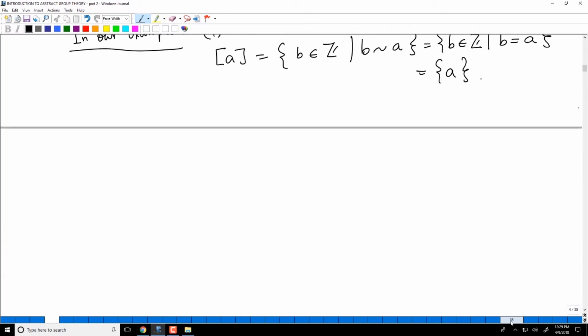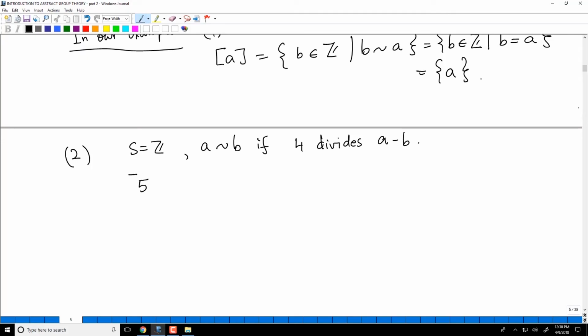In the second example, S is Z, and A is equivalent to B if 4 divides A minus B. I'm going to first write down the equivalence class of a specific element so that you see what is going on. So let's say 5, that we have seen earlier. What is the equivalence class of 5?